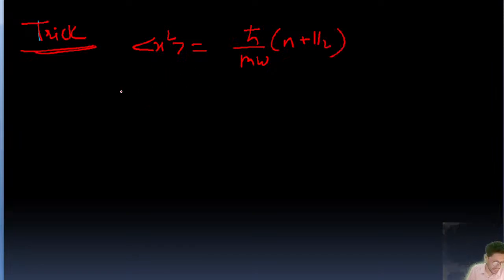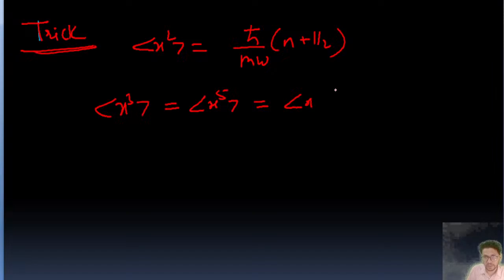Also the expectation value of any odd power of x, like x to the power 5, 7, 3, is going to be 0, because we know the expectation value of x is 0. So for the simple harmonic oscillator, the expectation value of x cube or any odd power of x is going to be 0, guys. You need to note down and memorize this.